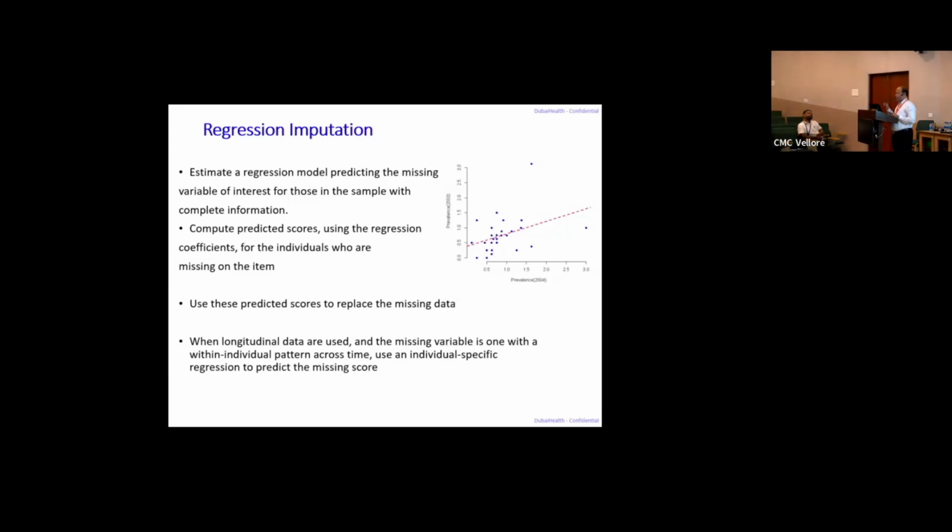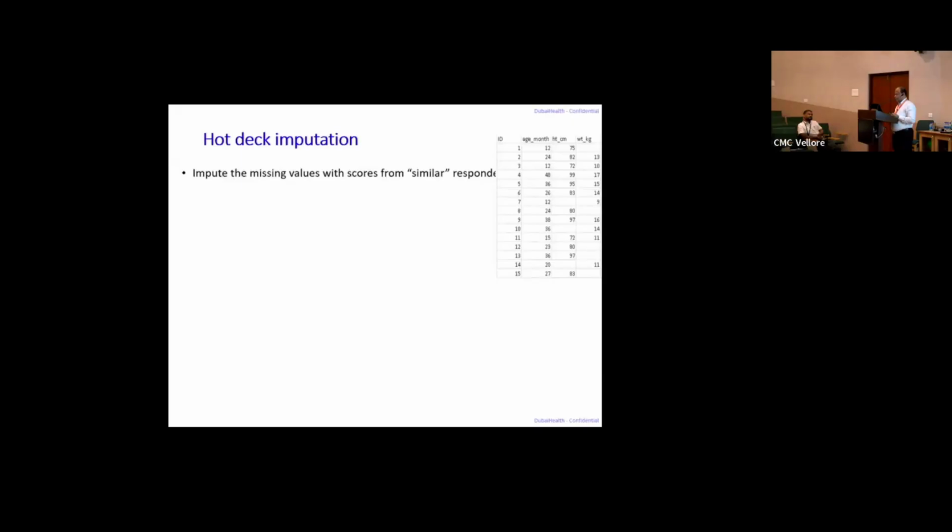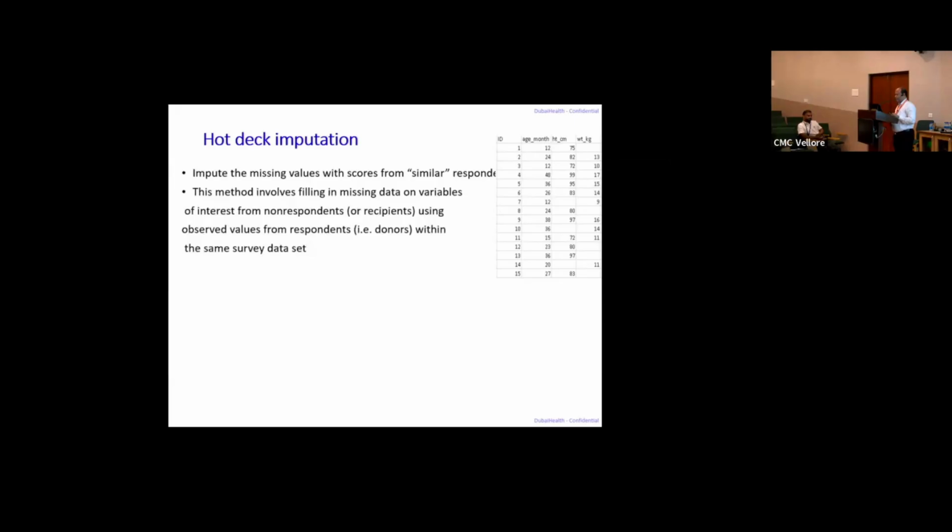Then you substitute the predicted value in the missing data. Is that clear? So you do a regression method to do this imputation. This is doable by anybody. Hot deck imputation is to impute the missing values with the scores from similar respondents.